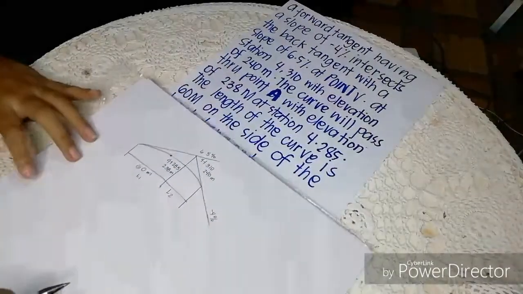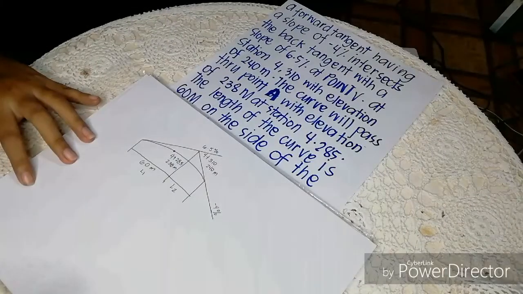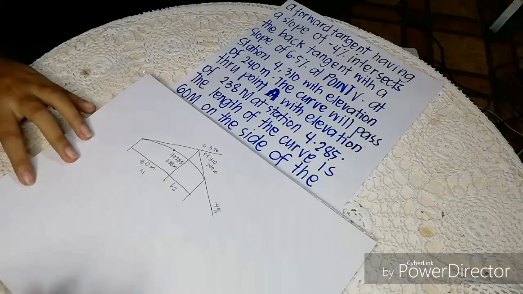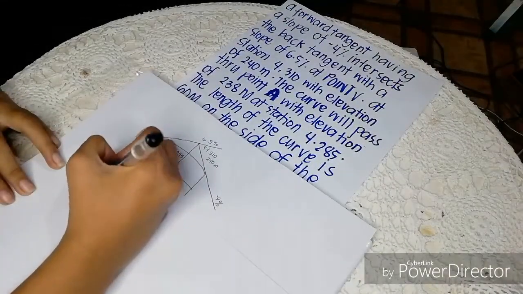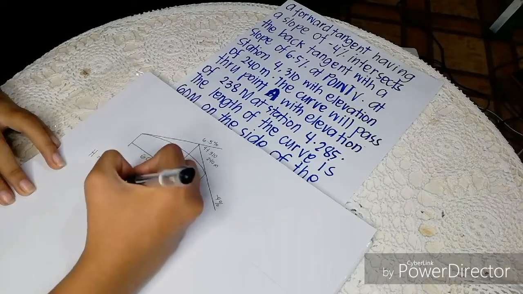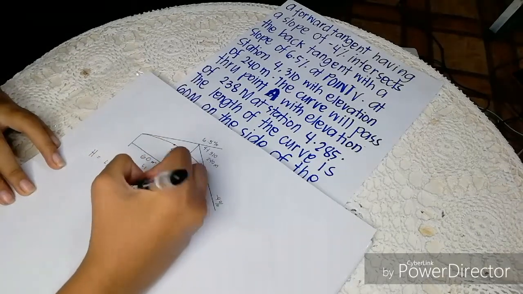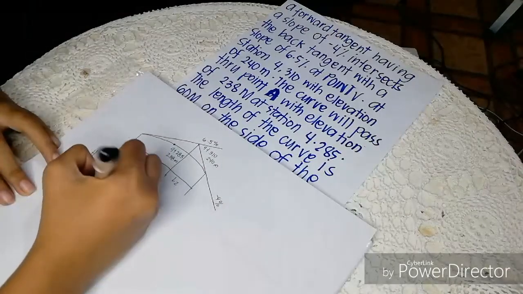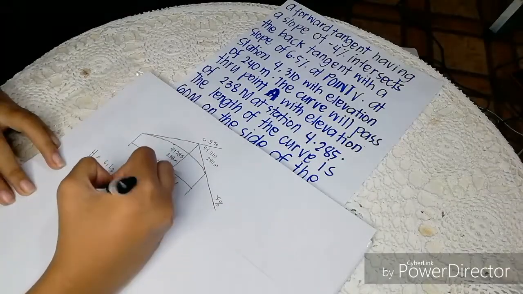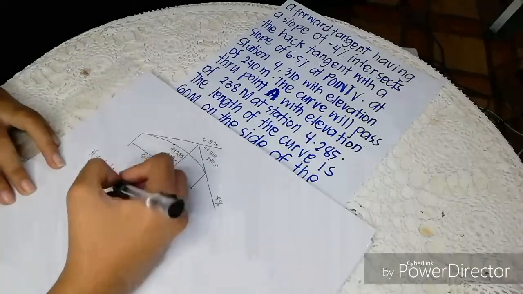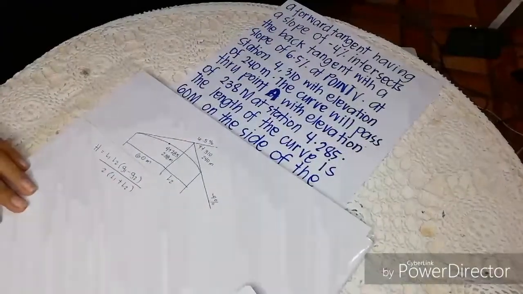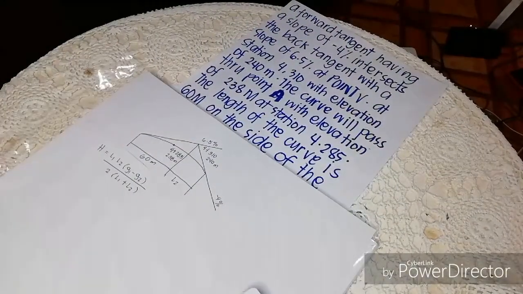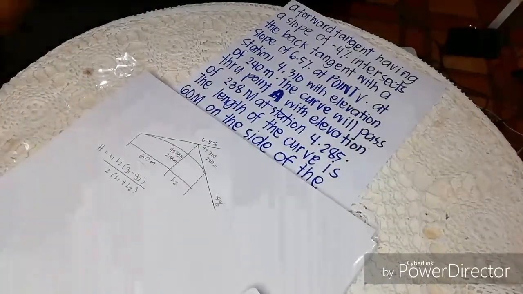Pwede natin makuha yung L2 sa formula na H is equals to L1 times L2 times G1 minus G2 over 2 times L1 plus L2. So, yun. Pwede natin makuha yung L2 dahil meron naman tayo L1.